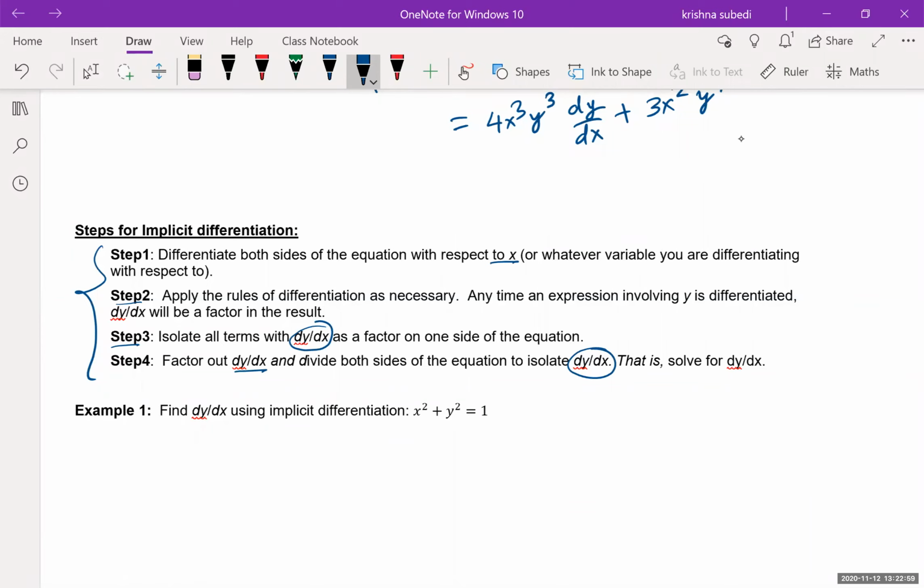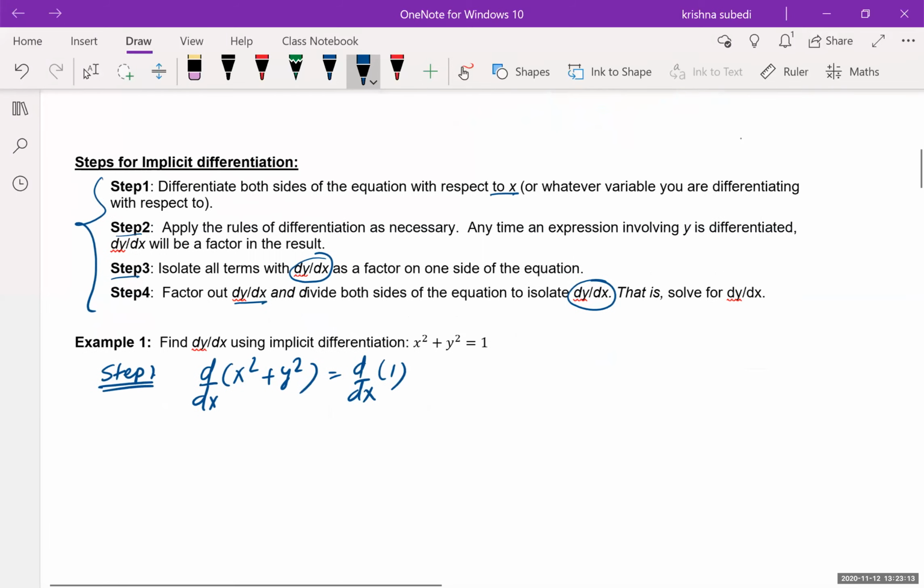Again, step 1, you differentiate both sides with respect to x, which means d over dx of x squared plus y squared equals d over dx of 1. So this gives me d over dx of x squared plus d over dx of y squared equals the derivative of 1, which is 0.